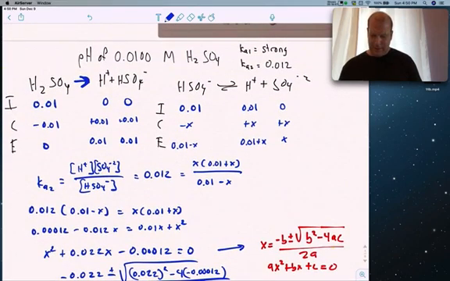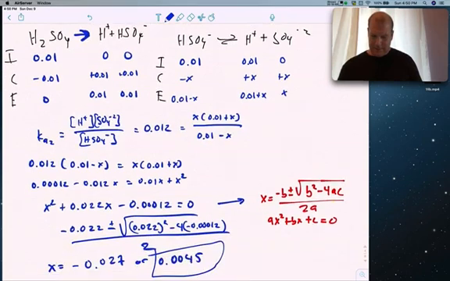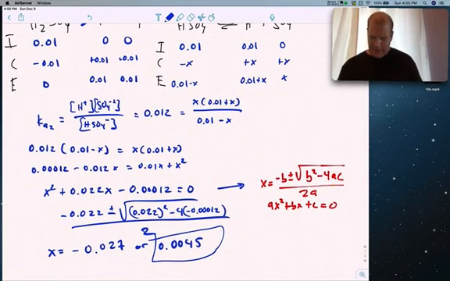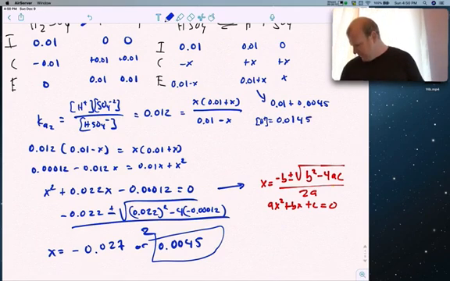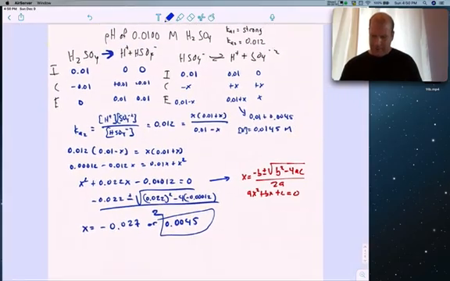So the x is that, so the 0.01 plus x, 0.01 plus 0.0045, equals the hydrogen ion concentration, 0.0145 molar, and we need the pH.